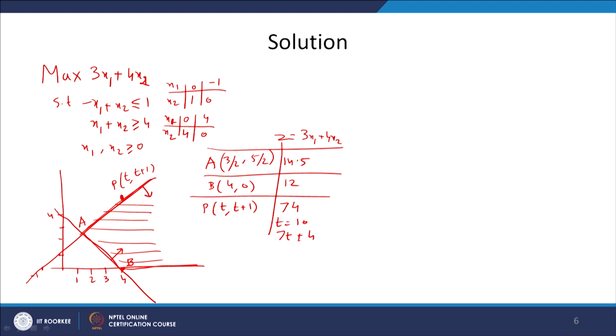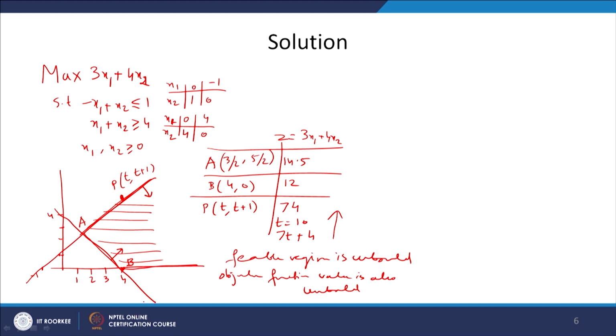This tells us that the problem has an unbounded solution. The feasible region is also unbounded and the objective function value is also unbounded.